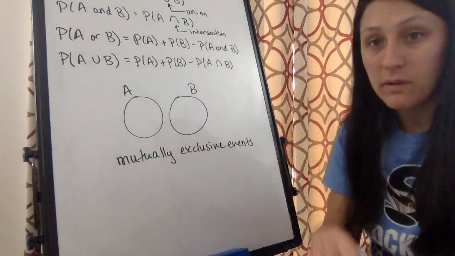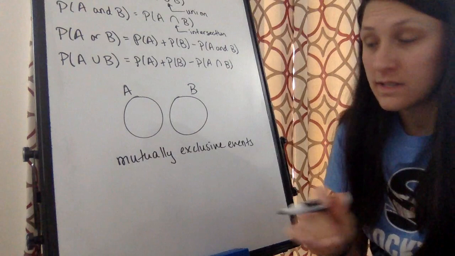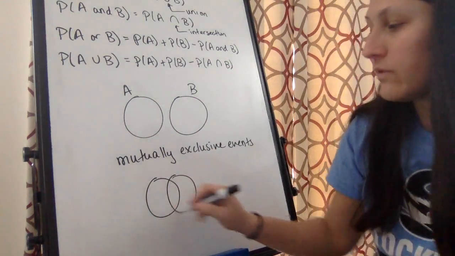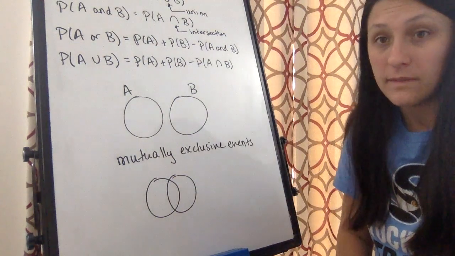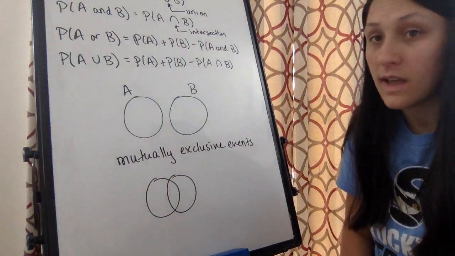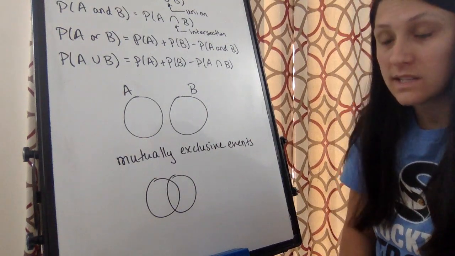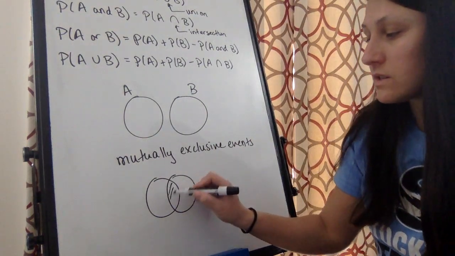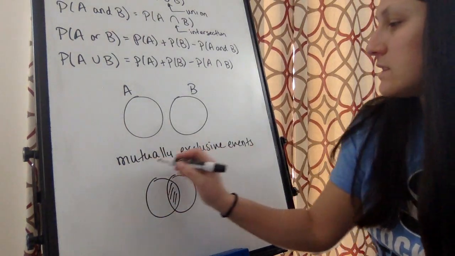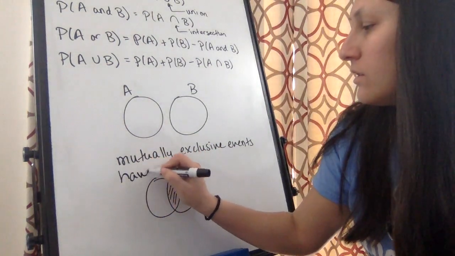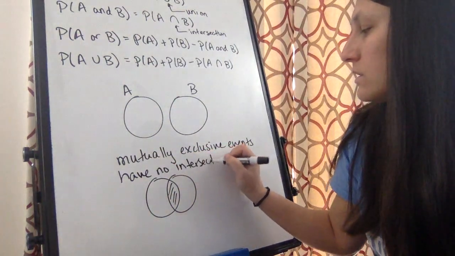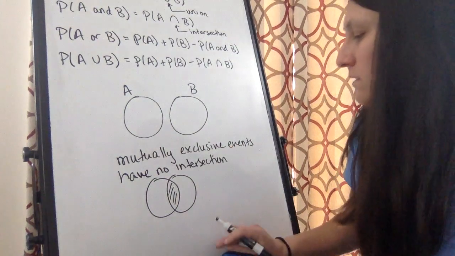Unlike the second problem we did about the dogs and the cats, those had something in common, so the Venn diagram would have looked something like that. So that's why in the first example, we didn't have to subtract anything because they had nothing in common. But in the second example, we did have to subtract the intersection because that's what they had in common. All right, so mutually exclusive events have no intersection. In other words, they have nothing in common.